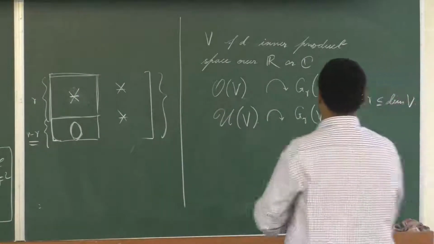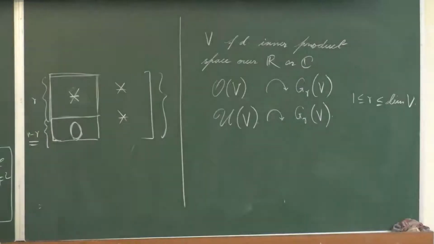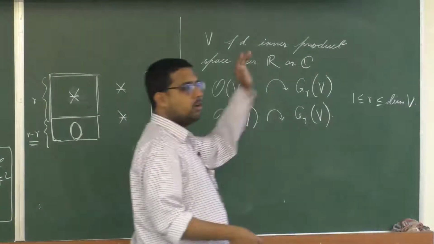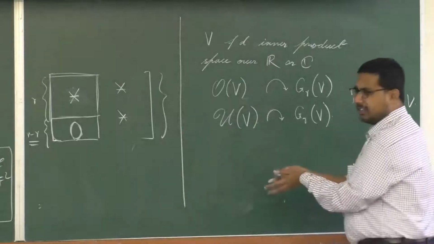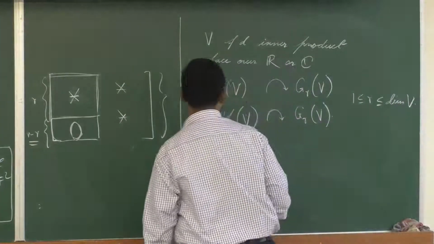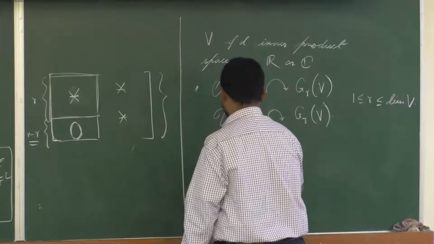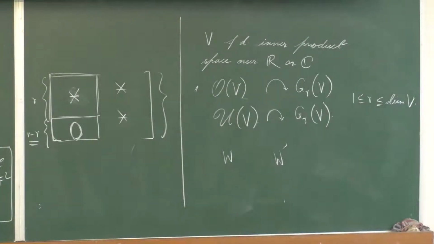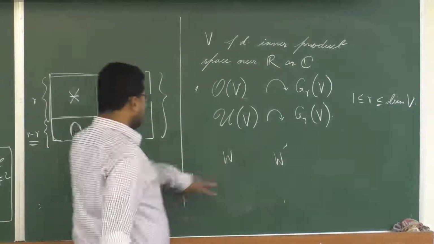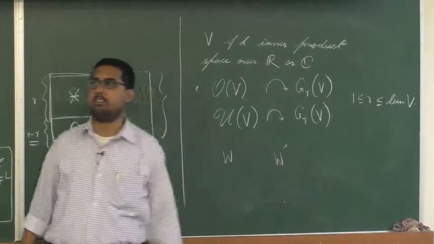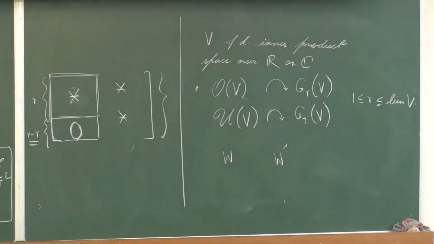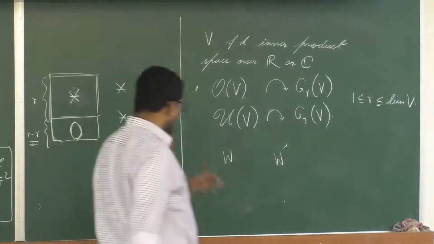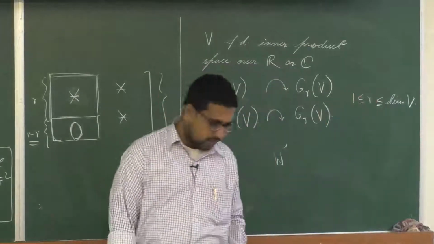And so in this case, what about the orbits under these actions? Let's do one of them, the other one will be easier. If we take any two subspaces W and W prime, since we are in a finite dimensional inner product space, we can choose an orthonormal basis of both these subspaces, and extend them to orthonormal bases of V, which we can do by using Gram-Schmidt if necessary.